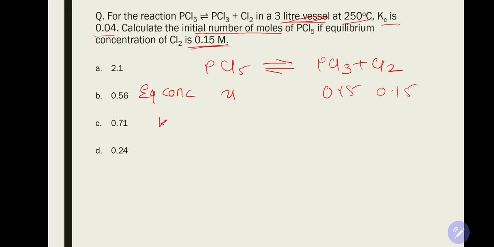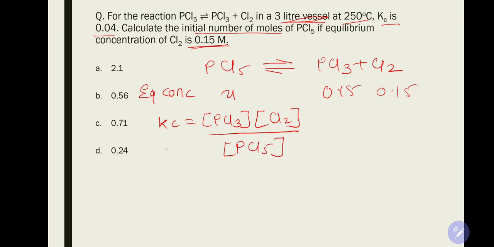Now both concentrations are given to you. We know the formula of Kc. Kc is equal to the concentration of the products upon the concentration of the reactant, that is, concentration of PCl3 into concentration of Cl2 upon concentration of PCl5. The value of Kc given to you is 0.04. Now just substitute the values.